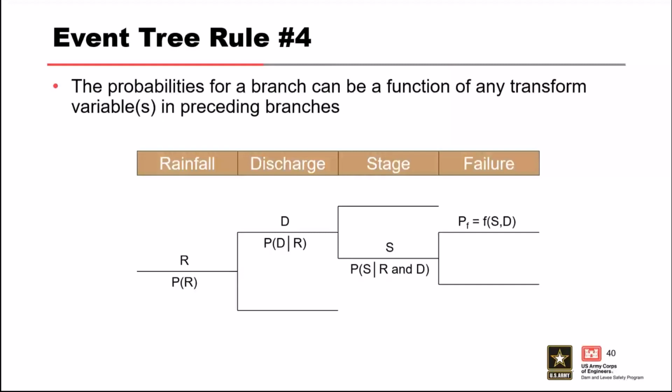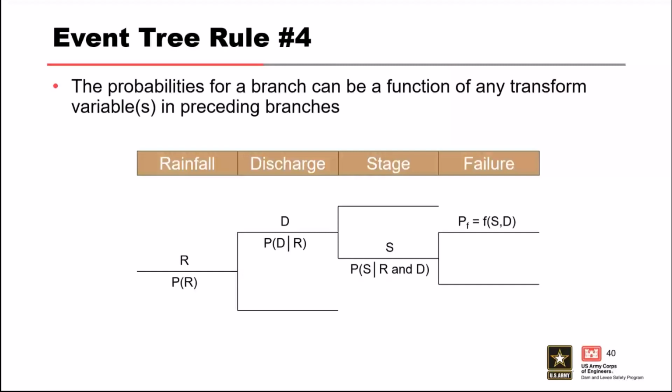Event tree rule number 4 is that probabilities for a branch can be a function of any transform variable or variables in preceding branches. Again, we're going to talk about transform functions when we get to module 3 of this presentation, but it's an important rule to establish here. In this example here, failure is a function of both stage and discharge.